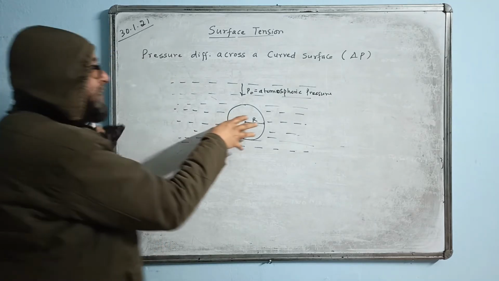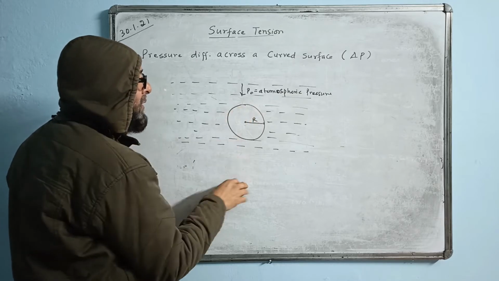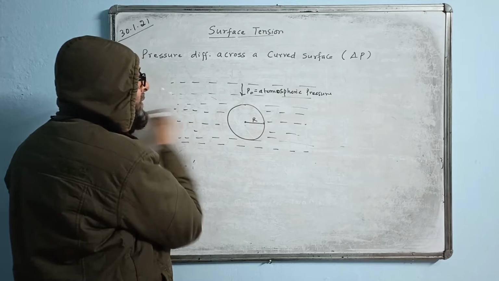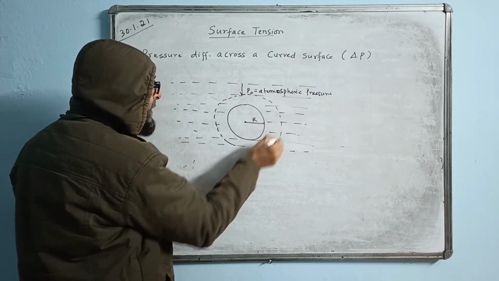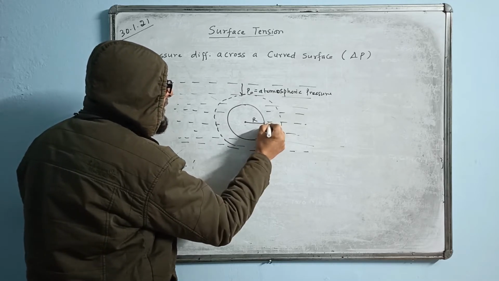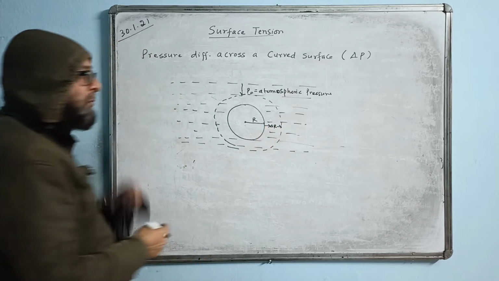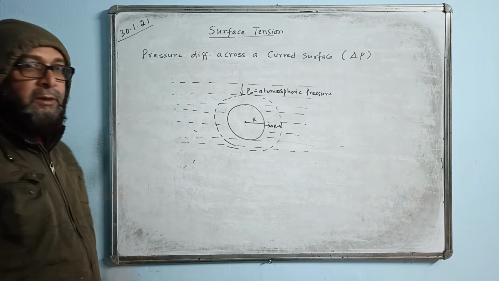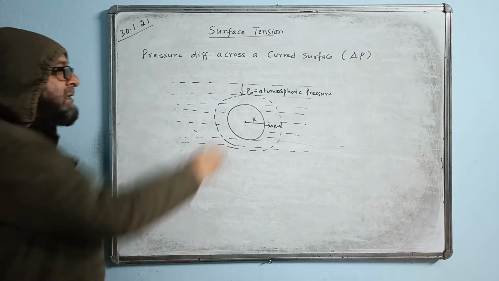But there is also a force of surface tension inside it, yet this drop is expanding. It is expanding in size. Suppose the expansion in the radius is delta r, which is of course quite a small change. Why is it expanding?